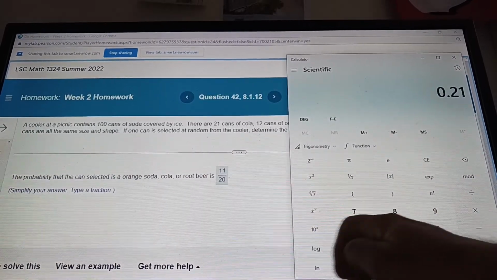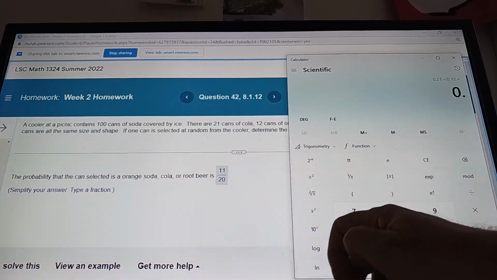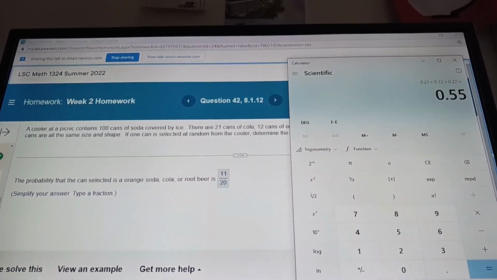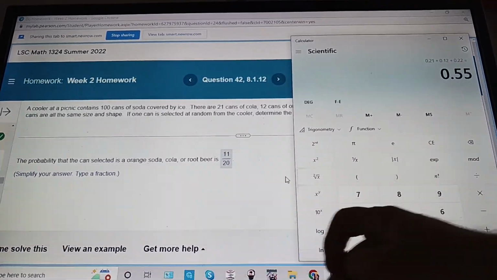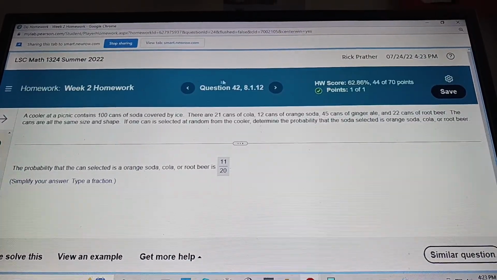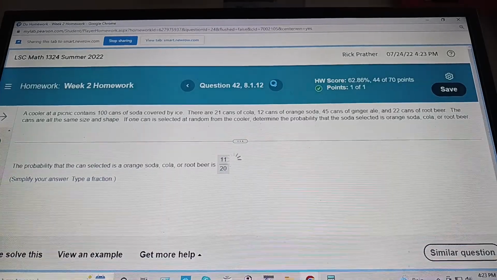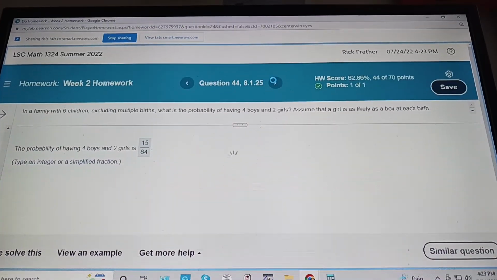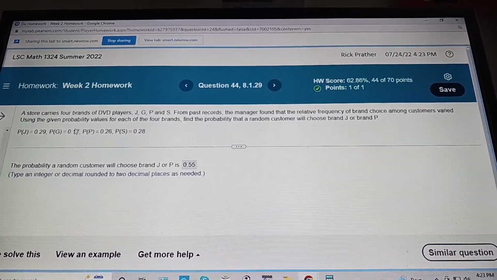If I would have done 0.21 plus 0.12 plus 0.22, that would have been 0.55, and that's what 11 divided by 20 is. So that's this problem. 44 is just like 42, except they've already divided by the total for you. Once you see decimals, then that's what's happened.